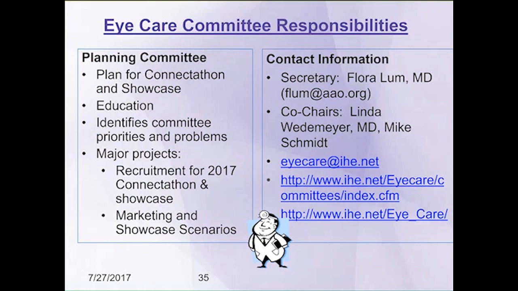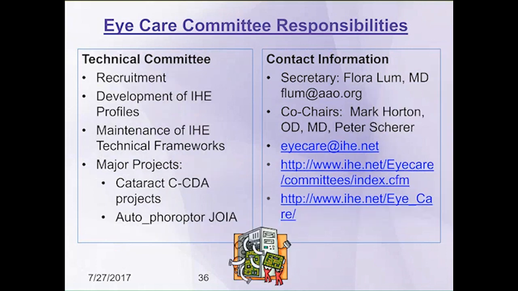And if you switch to the technical committee, it is then trying to realize the planning in terms of creating these IHE profiles, publishing them, testing them. Currently, we have a couple of major projects, basically continuing this CCDA path and enhancing the use of the JOIA standards. Again, there is some contact information to the right.